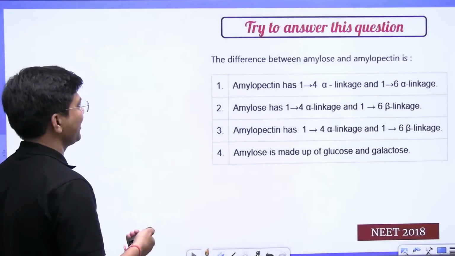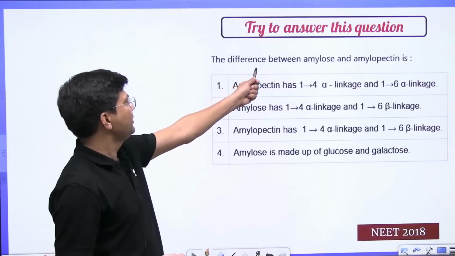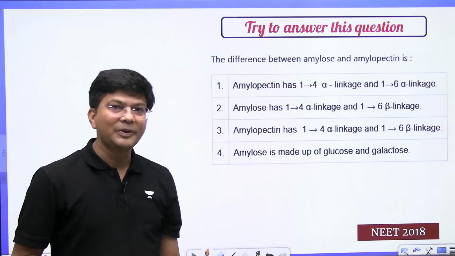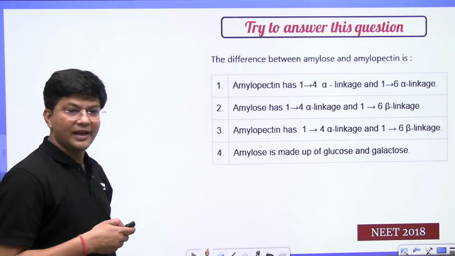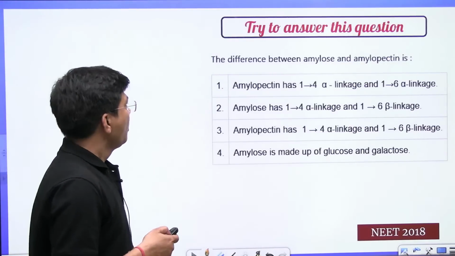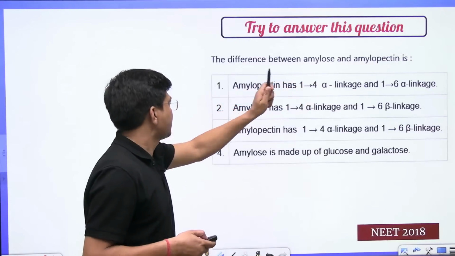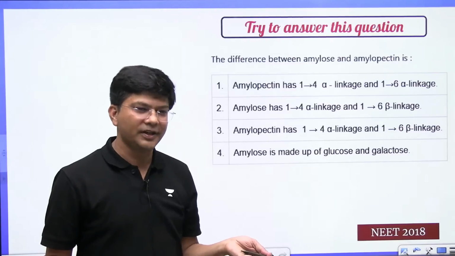So here is the question. The difference between amylose and amylopectin is: 1, 2, 3, 4, four options are given over here.